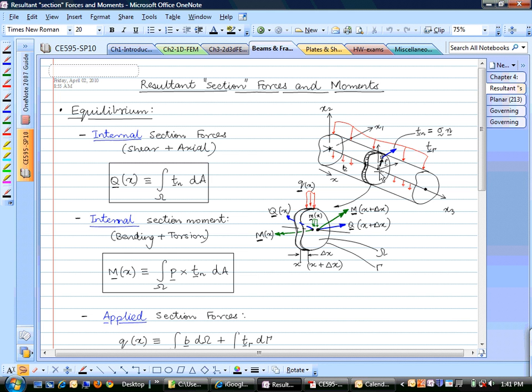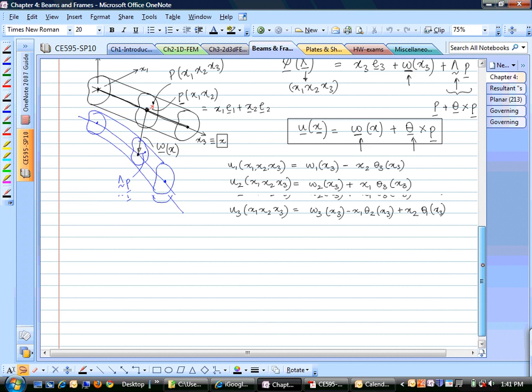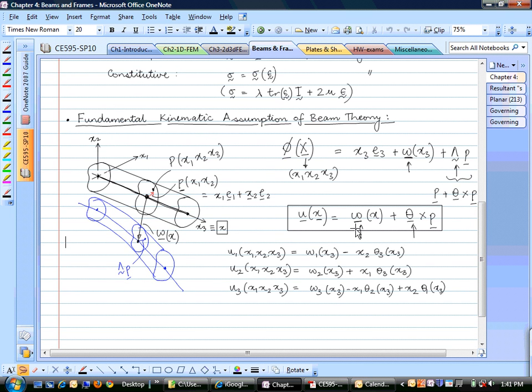If we can somehow figure out where the centroid line will go and what is the rotation of the cross section at every value of x, then that would be a good approximation to what the deformed shape of the 3D continuum body might look like. So that was the underlying kinematic assumption, and we saw that what it looks like is this. This is the displacement of any point x. It can be represented.